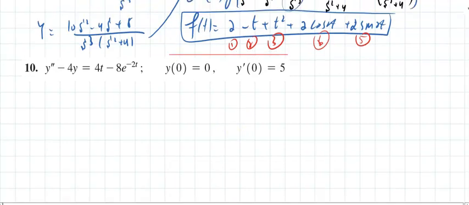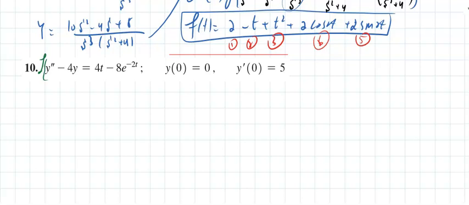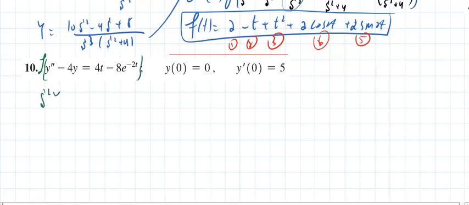Continuing on, if I look at number 10, the same deal. If I apply the Laplace on this problem, I'm looking at s squared y, 0 times s, that's really 0, no need to write that.